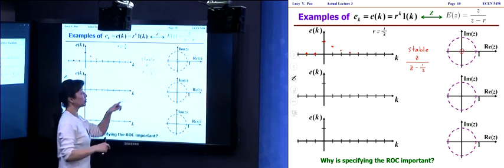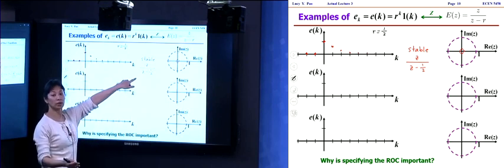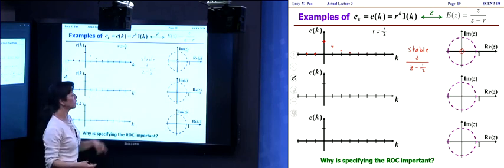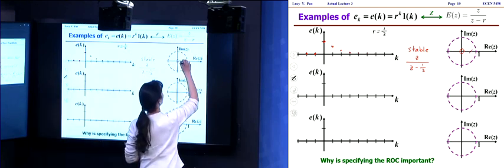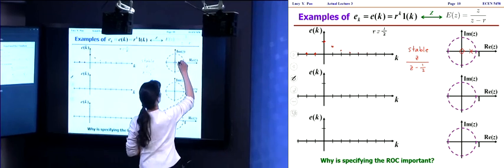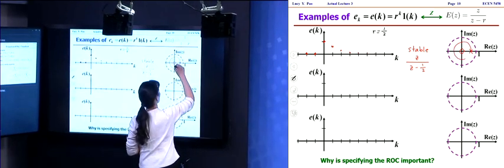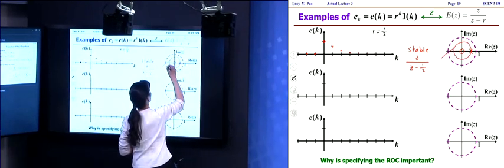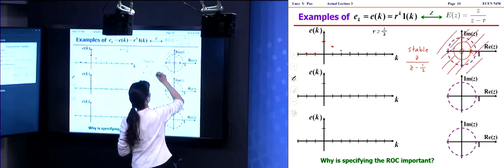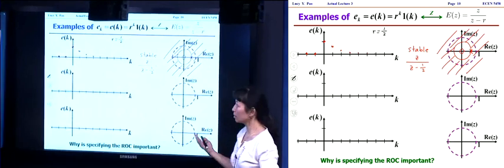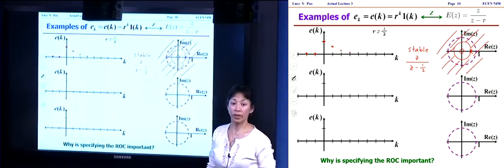All the z's where the denominator is equal to 0 are the poles, so there's a pole at z equal to one half. The magnitude of R is one half, and the region of convergence is everywhere outside of that. That includes the unit circle, and it does correspond with a stable signal.